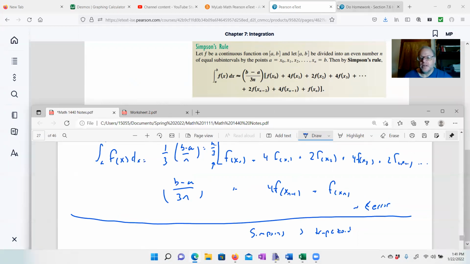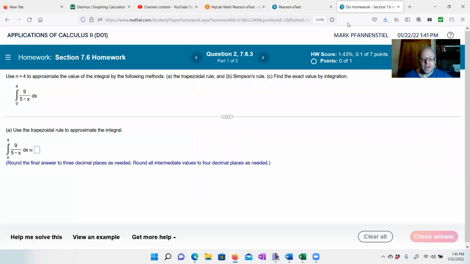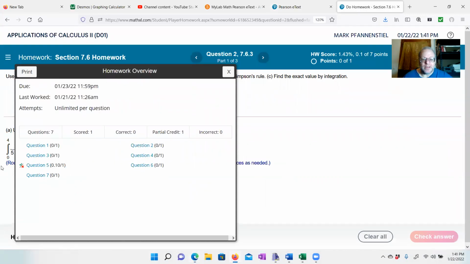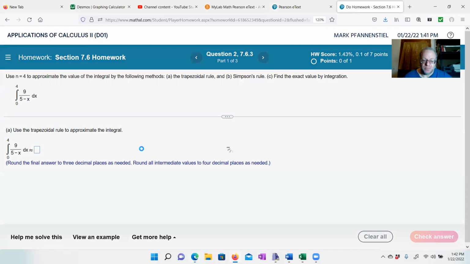All right. So let's look at some homework. Fortunately, this one only has 7 problems. That's plenty. And then we'll just work through it here. Why don't we start with 2? We're in question 2. Perfect.